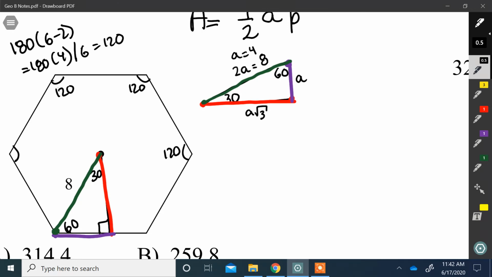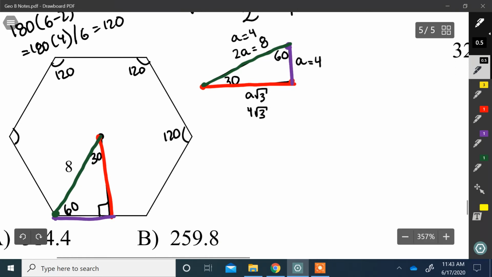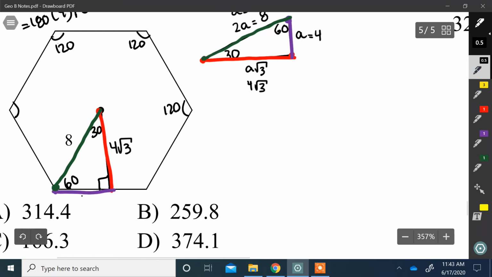You guys see that? If 2a is equal to 8, then a is equal to 4 if I just divide by 2. Then that means that this is 4, and this will be 4 square root of 3. Okay, so now the red is 4 square root of 3. The purple is 4. So if half of that is 4, then the whole thing will be 8.